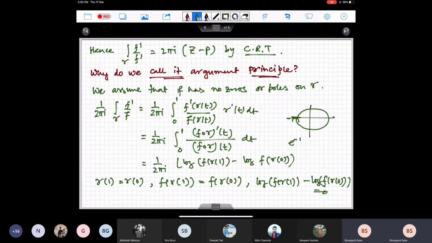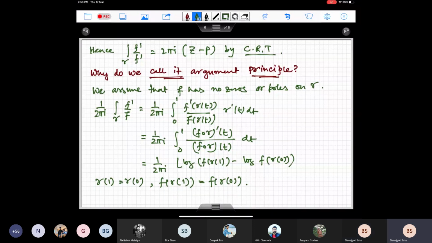So e power minus i pi, this number is the same as e power i pi. Therefore, when taking log, one needs to be slightly careful. One needs to take into account what is going on over here. So fine, let's take care of that as well. This is what we need to be careful about. We do not write like this directly.